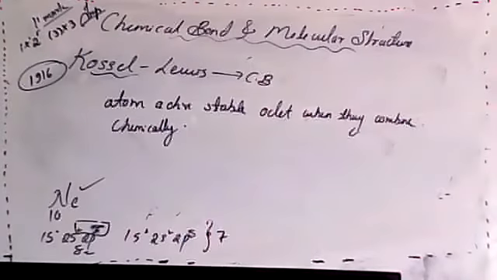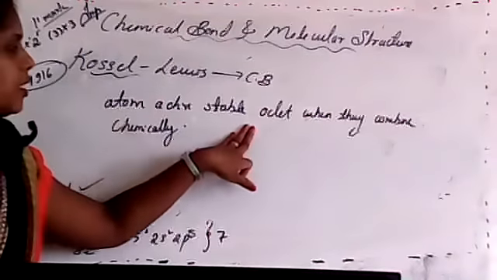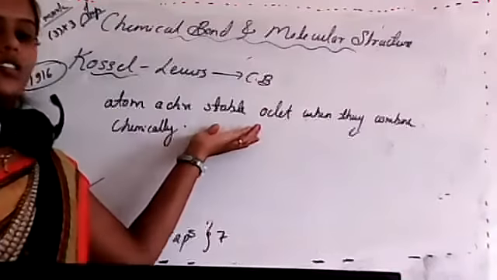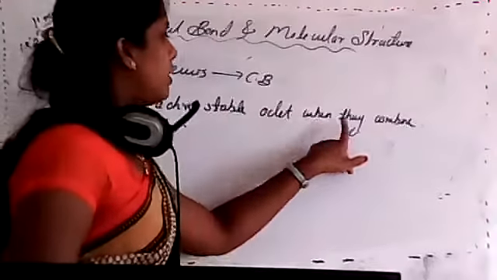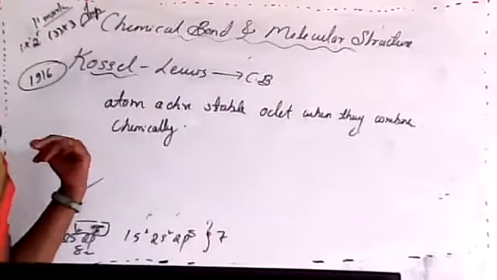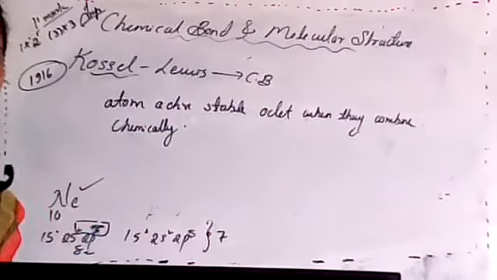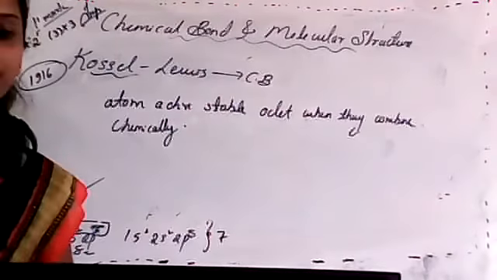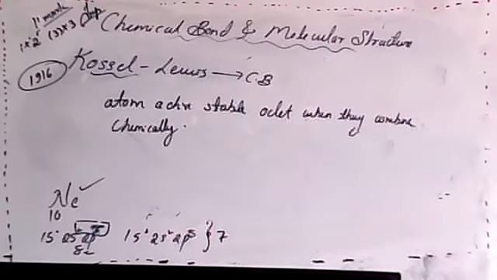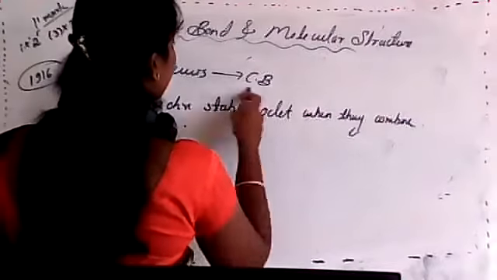That means the atom achieves stability, a stable octet, when they combine chemically. When any atoms combine with each other, stability will be obtained. So that is nothing but the stable octet form.